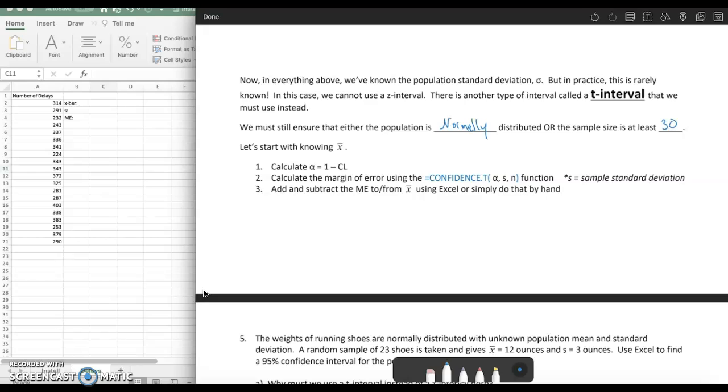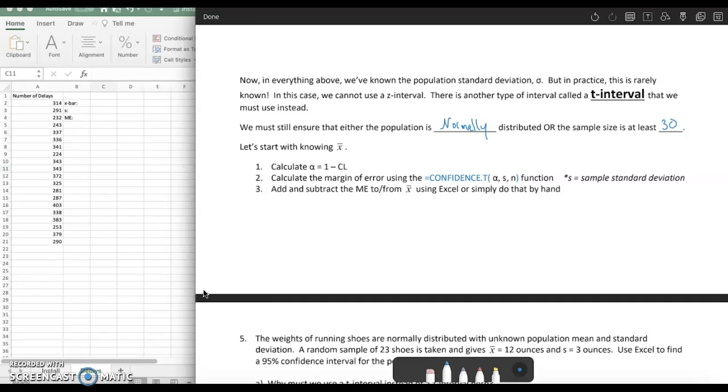Let's start a practice problem here, or start the idea with knowing the sample mean. We've taken a sample and we've got the sample mean. We still will need to calculate our alpha value first. Then we will calculate the margin of error using the CONFIDENCE.T function instead.